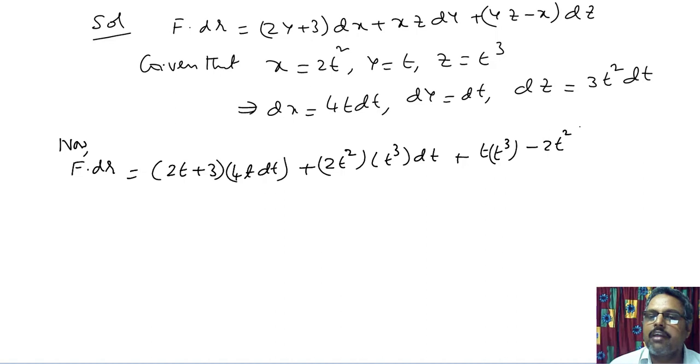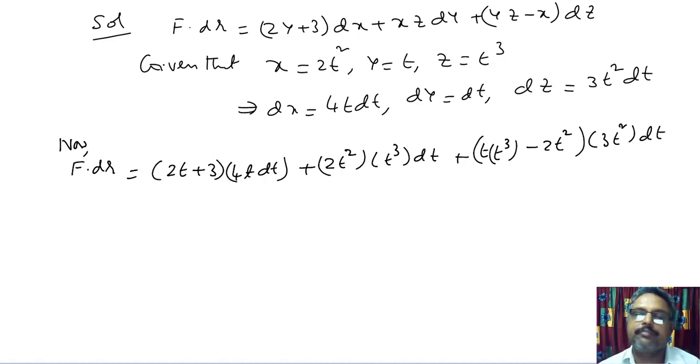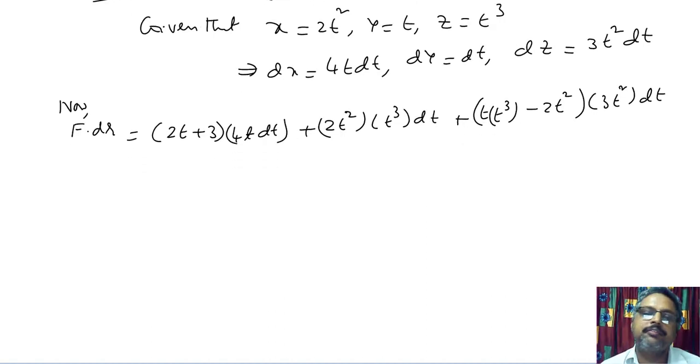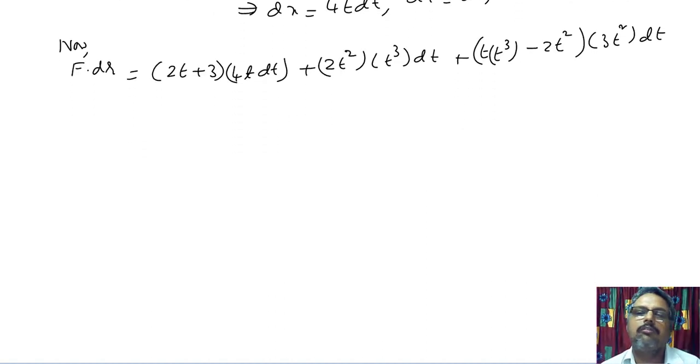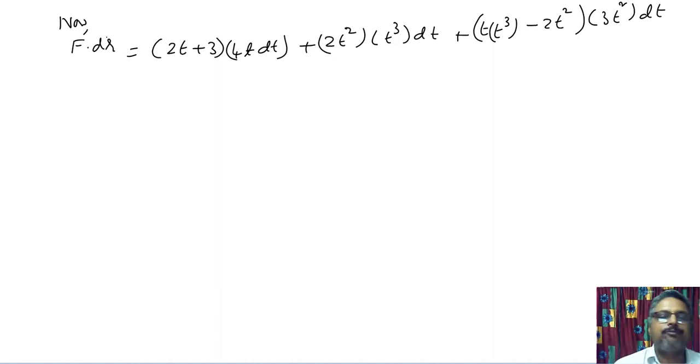Here 8t square plus 12t, here 2t power 5, here t power 4 into 3t square plus 3t power 6, minus 6t power 4, dt.